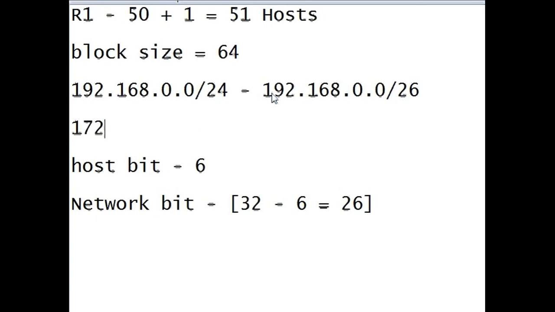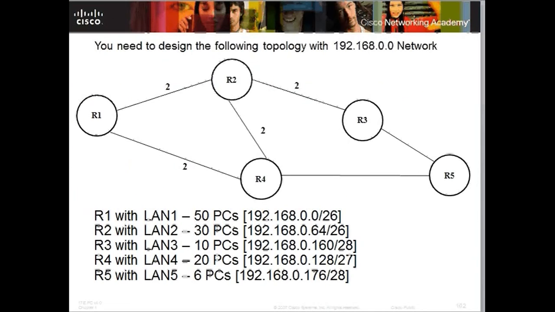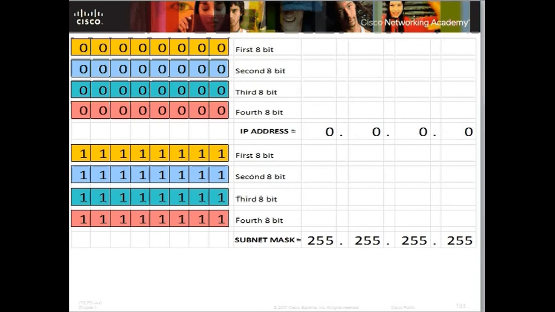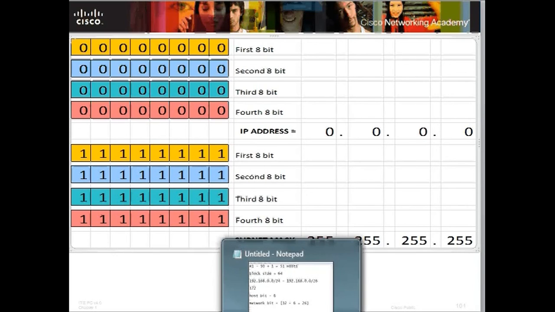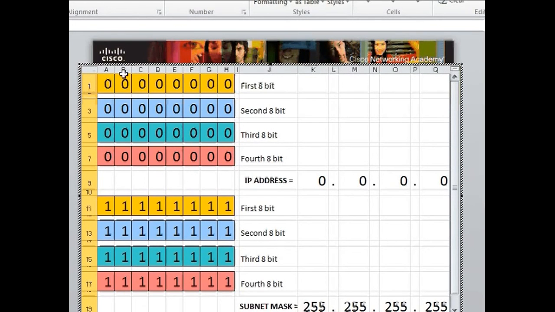To do this calculation, let me go to a calculator and do the same. So for example, this is my calculator, and I am doing all this bitwise calculation.